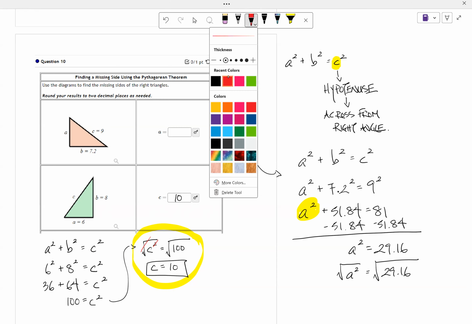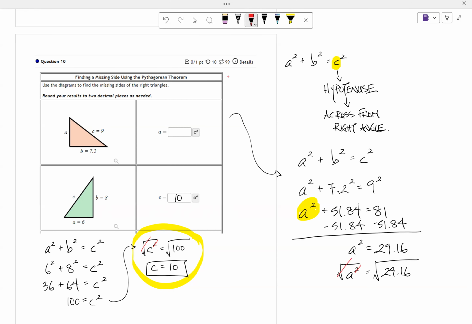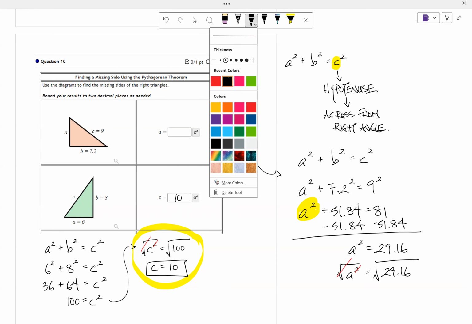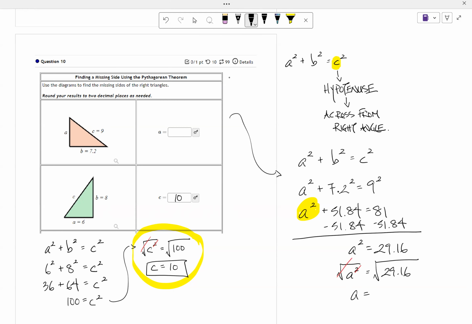And what that allows us to do is the square root and the square cancel. So we just get a equals, and then we use our calculator for the rest. Square root of 29.16, and we get 5.4. 5.4 is the number that goes in the box, okay?